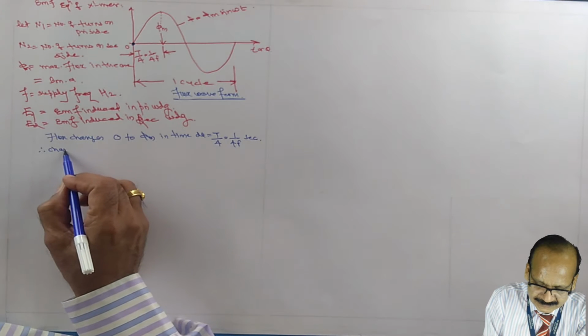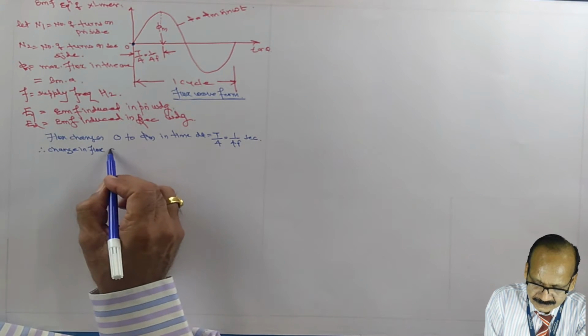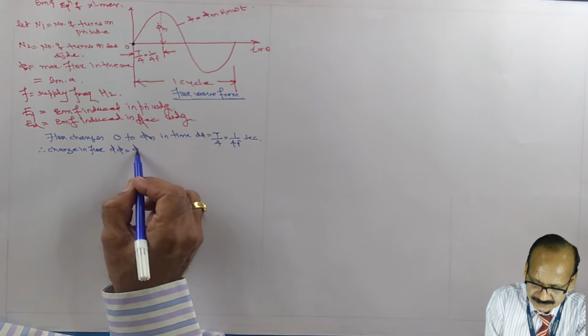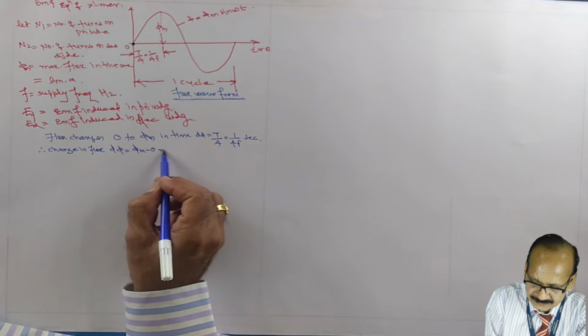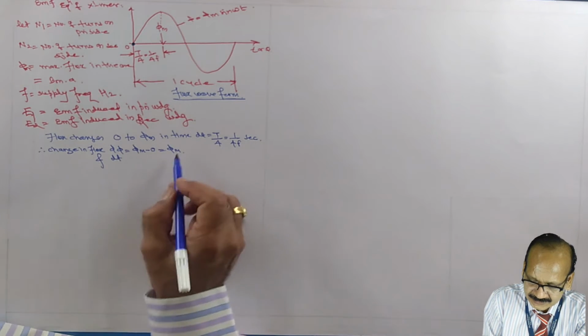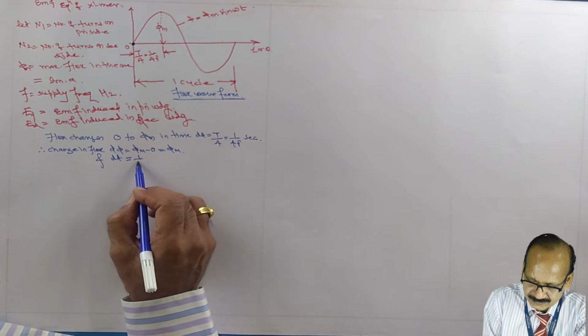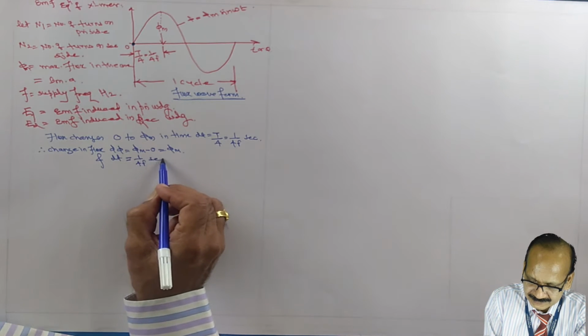Therefore, change in flux d phi equal to phi m minus 0 equal to phi m, and dt, time required to change this flux from 0 to max, equal to 1 upon 4f second.